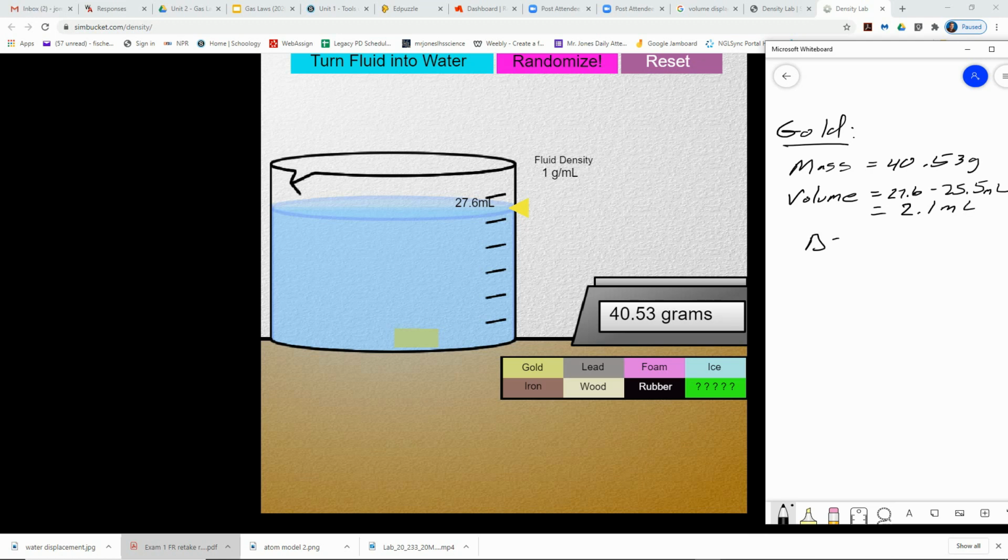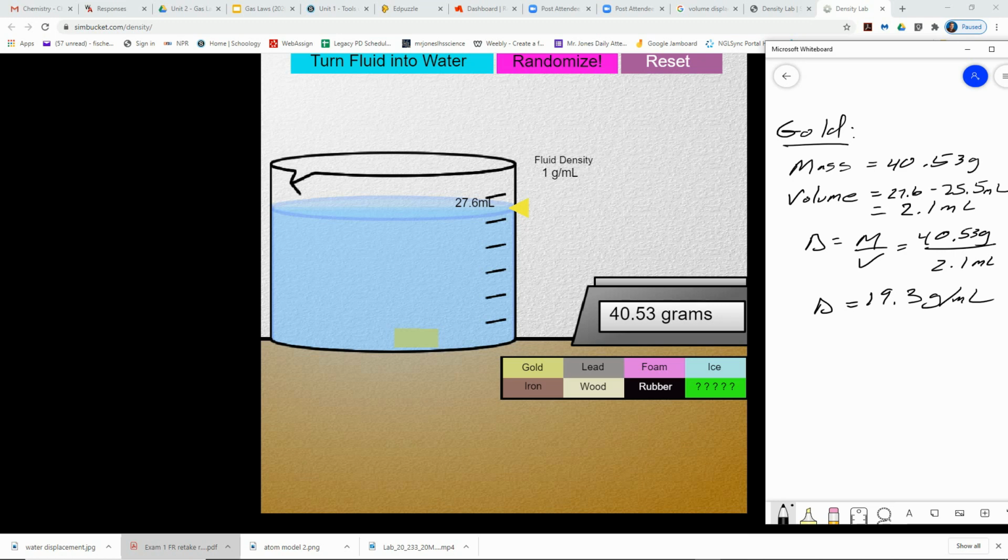Now if I want to calculate the density, I do mass divided by volume, so I'm going to have 40.53 grams divided by 2.1 milliliters. 40.53 divided by 2.1 equals 19.3 grams per milliliter. Okay? So that's my density. So that's what you're going to do for all the other substances.